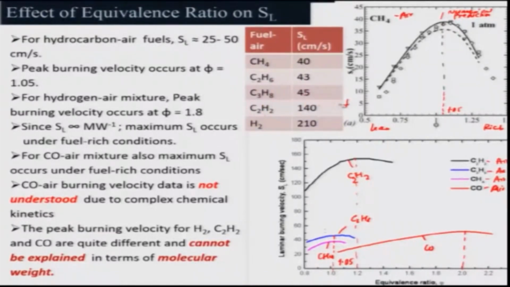So, just to summarize, for methane the burning velocity at equivalence ratio equal to 1 is around 40 centimeter per second, whereas C2H6 is 43 centimeter per second, C3H8 45 centimeter per second, and C2H2 is around 140 to 150 centimeter per second. Hydrogen is around 210 centimeter per second.